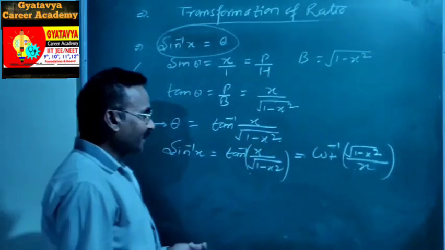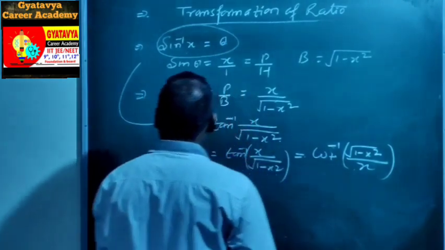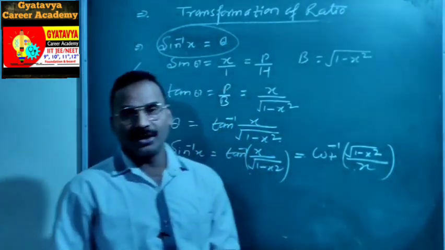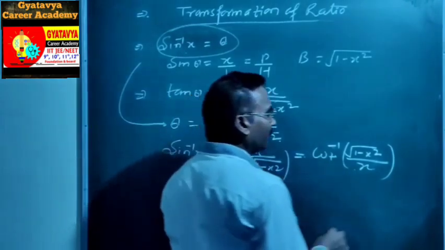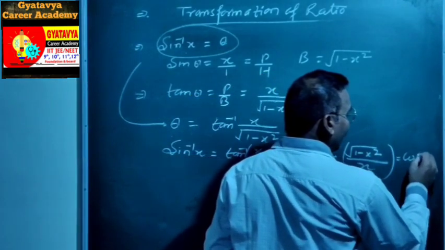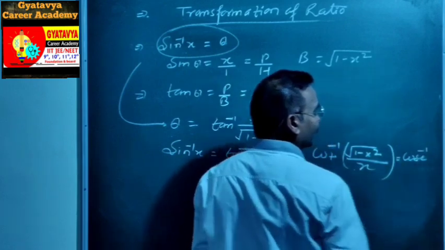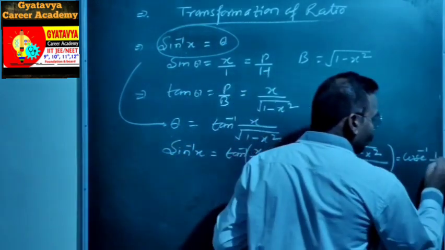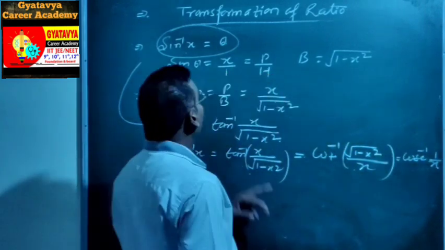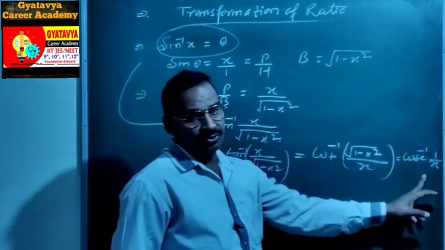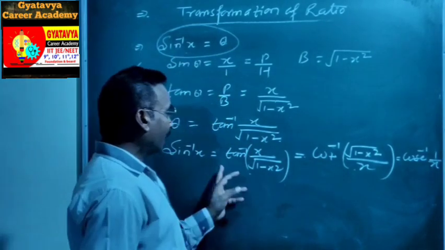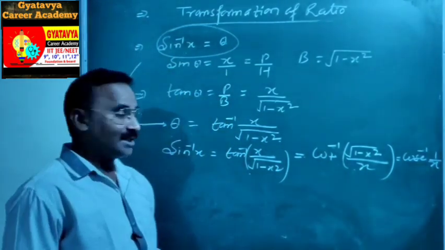And what is the cosec inverse? Sine inverse x and cosec inverse x are reciprocals of each other, but in inverse trigonometric functions you have to name it cosec inverse and convert the domain, meaning you have to write 1 upon x. So sine inverse x is equal to cosec inverse 1 upon x. Sine inverse x is equal to tan inverse x upon root of 1 minus x square.